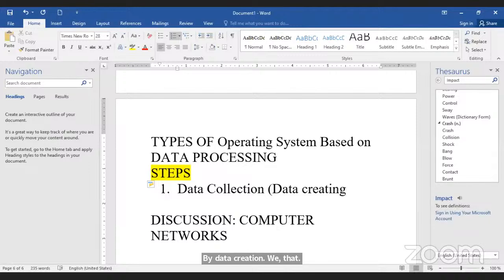You can type a document on a computer, and then you create that data.